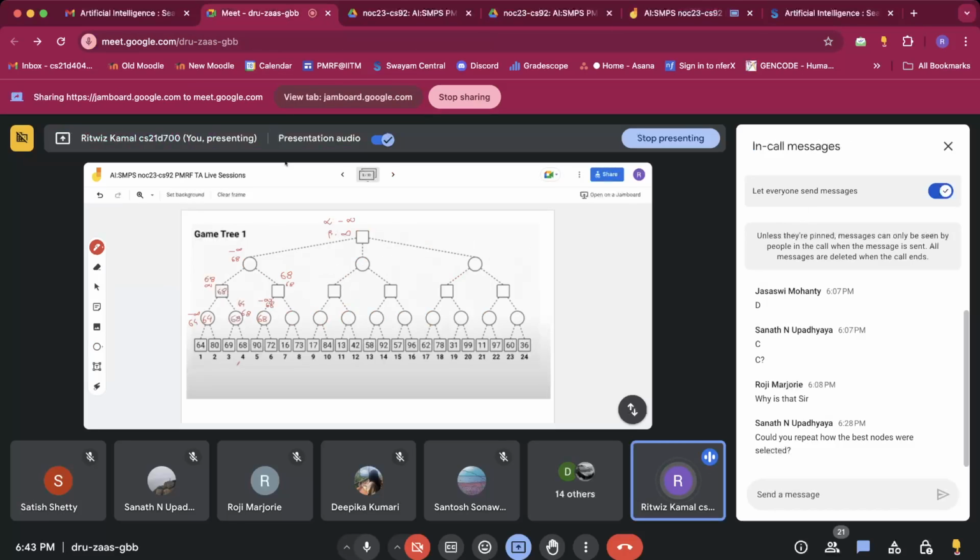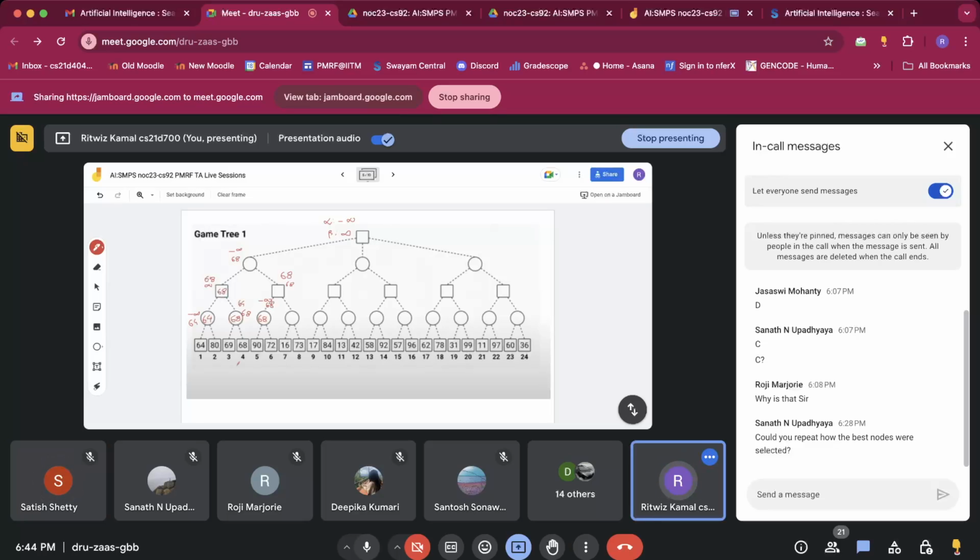Now can you notice any specific thing happening as per the alpha beta algorithm? Has any specific condition been met? That's right.